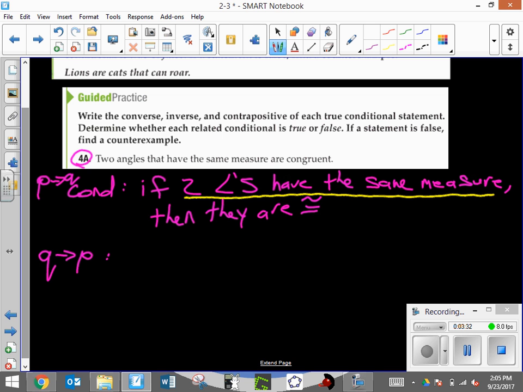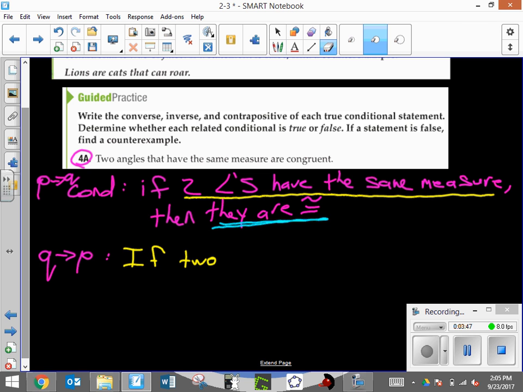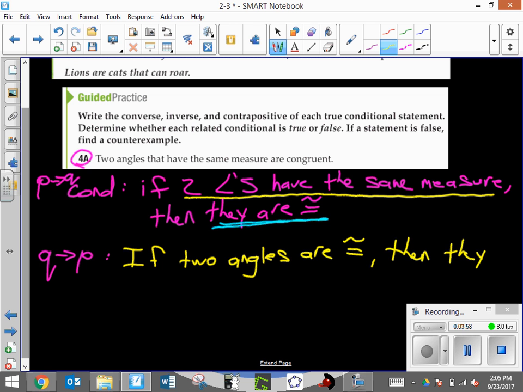In blue is my Q. So now if I want to write the converse, we're going to say if 2 angles are congruent, then they have the same measure. Okay, there's my converse.